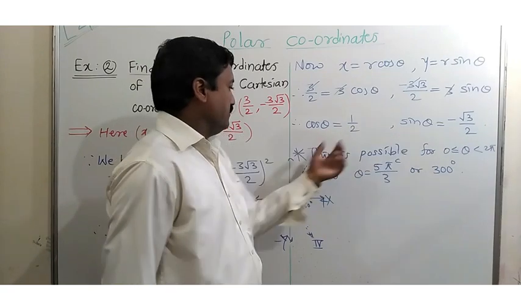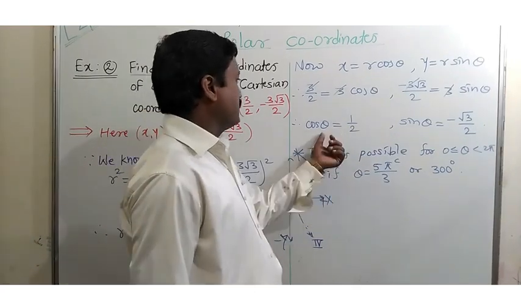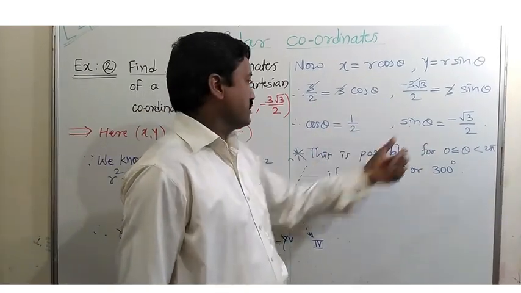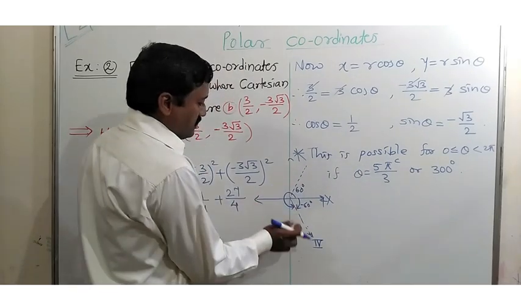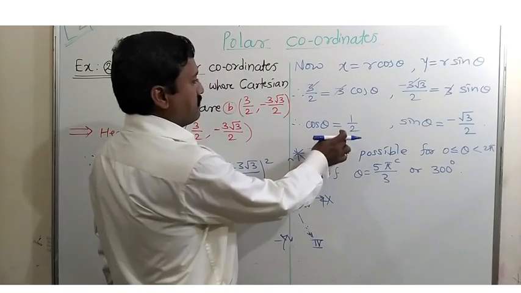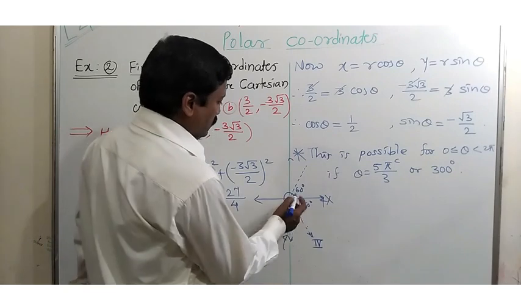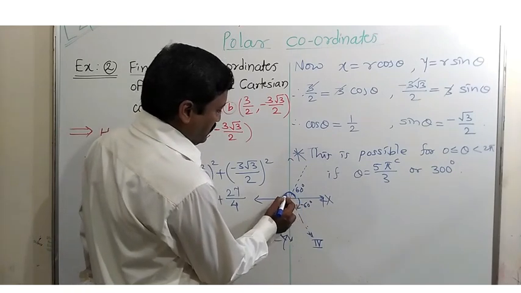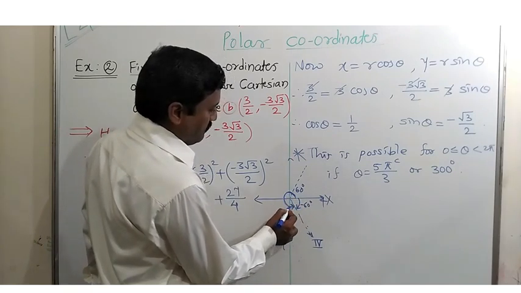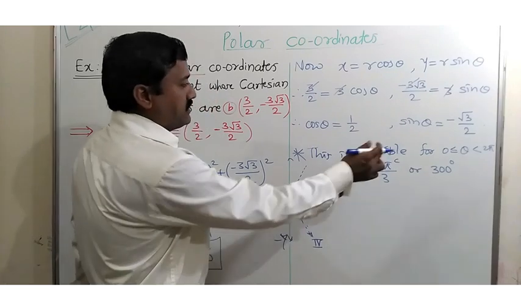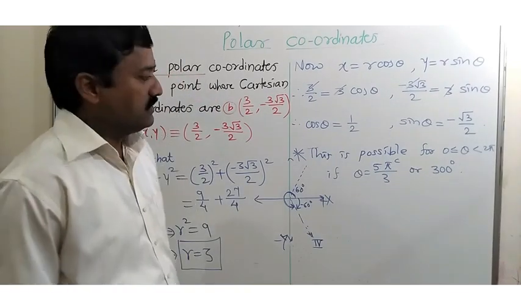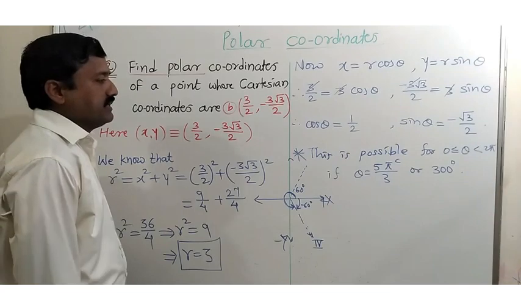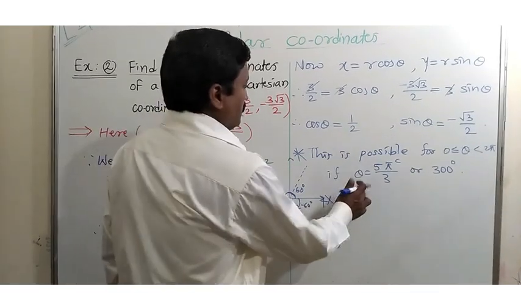The angle of 60 degrees in the first quadrant satisfies these two trigonometric equations, so its image, that is minus 60, will give us these two values. So that angle is 90 plus 90 is 180, plus 90 is 270, plus 30, that is 300, and 300 is nothing but 5 pi by 3 radian. So theta is equal to this much.